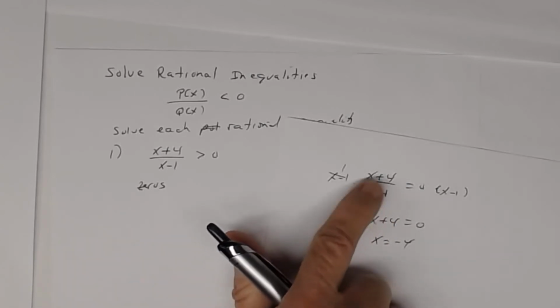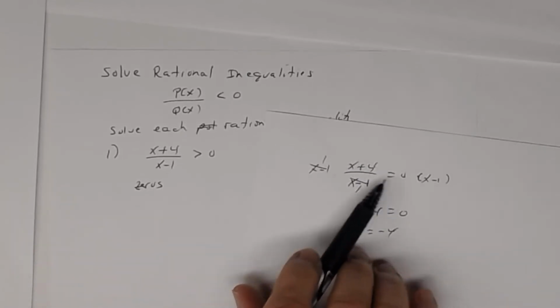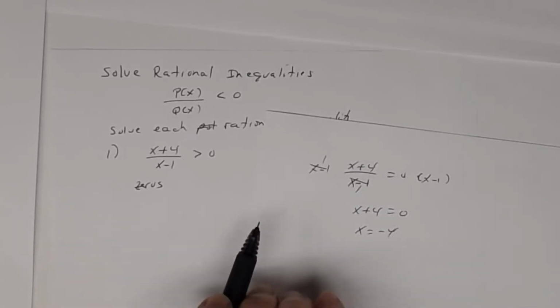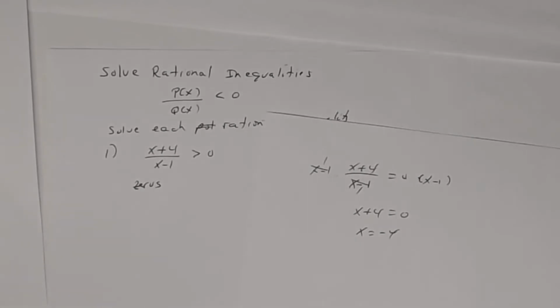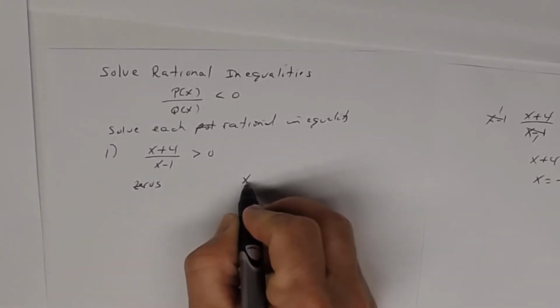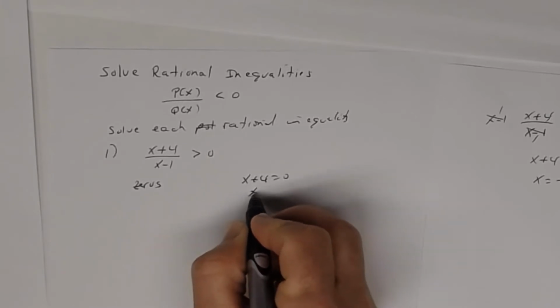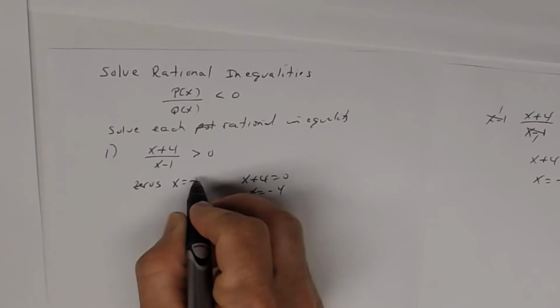That's the only way you can get this rational expression to be equal to 0. So that's why it says set the numerator equal to 0. So the zeros: you said x plus 4 is equal to 0, so x equals negative 4. There's your 0.